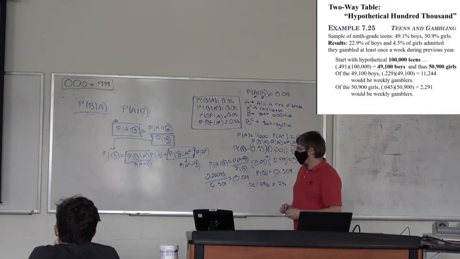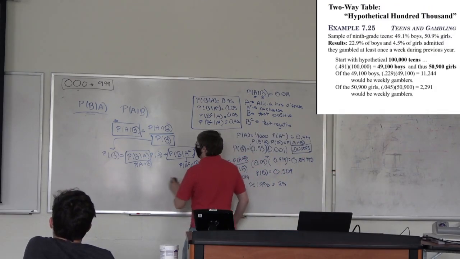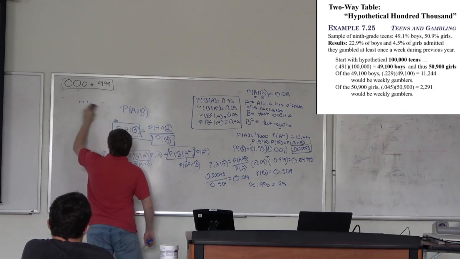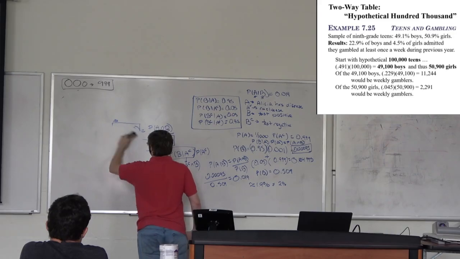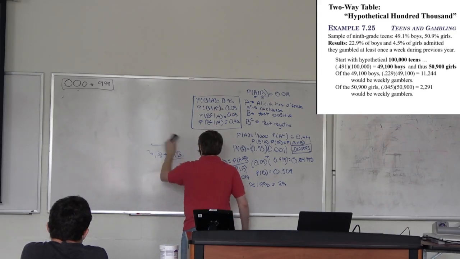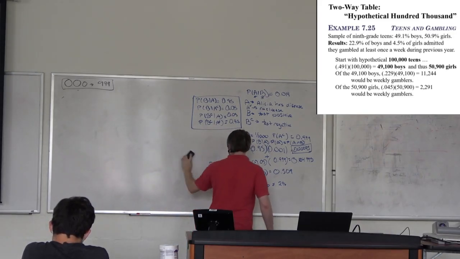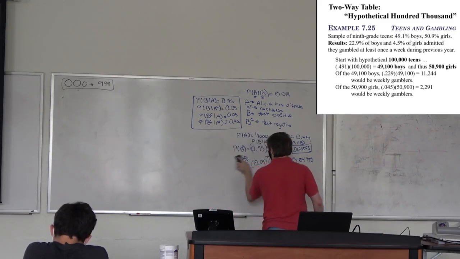We can also use this doing two-way tables. So we talked about two-way tables a couple weeks ago when we were talking about conditional, when we were talking about categorical variables in general. But we can also use that to understand probabilities in the table.